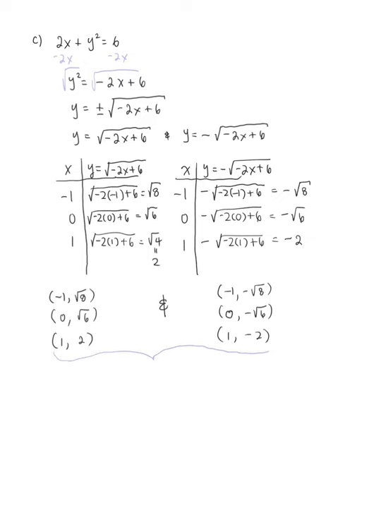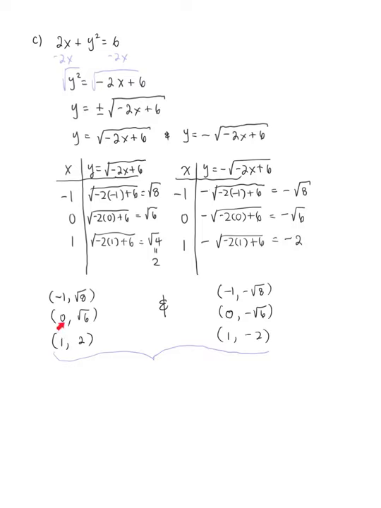Now you have to consider all the ordered pairs as your answer. Okay, so let's see what's going on here. Let's take a look at when x is negative 1. When x is negative 1, notice that you have two different y values. One's positive square root of 8 and then one's negative square root of 8. So that violates the rule of the expression being a function.